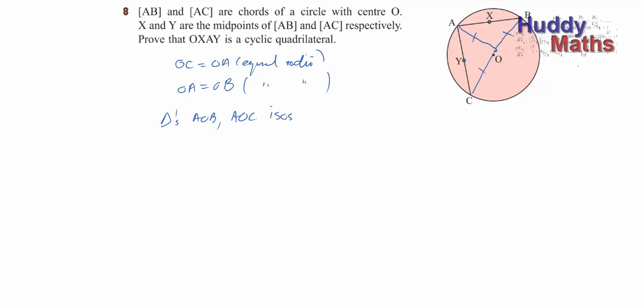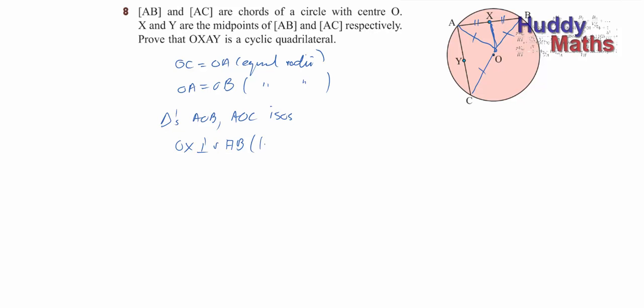So therefore, what can you say? OX, now what can we say here? OX down here, OX is perpendicular to AB, because the X is the midpoint. Oh, we didn't put that in. That's X, midpoint there.